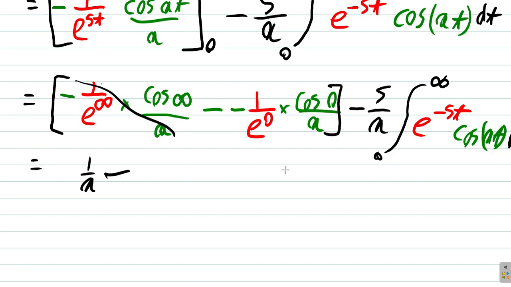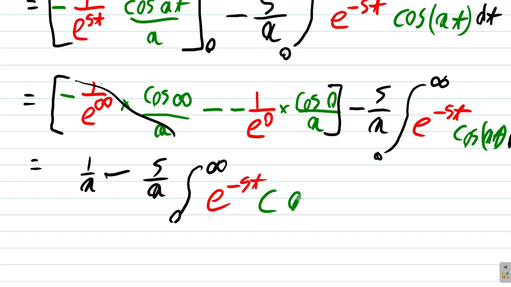Minus s over a integral from 0 to infinity of e to the negative st cosine of at dt. Now this part, you have the integral from 0 to infinity of e to the negative st cos at dt.